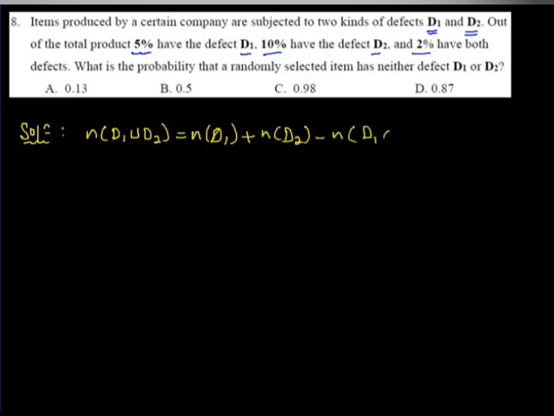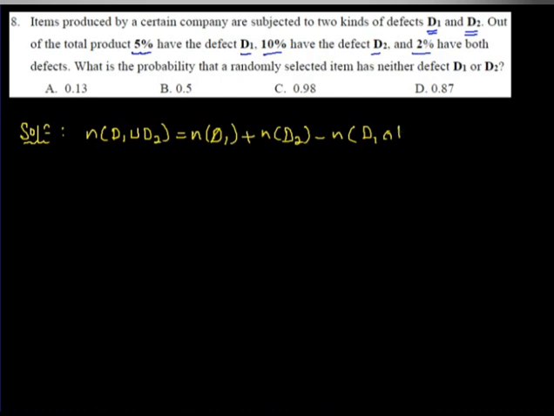So let us put this mathematically. The number of items having defect D1 or defect D2 is calculated by using set theory. The number of items having defect D1 plus the number of items having defect D2 minus the number of items having both defects.